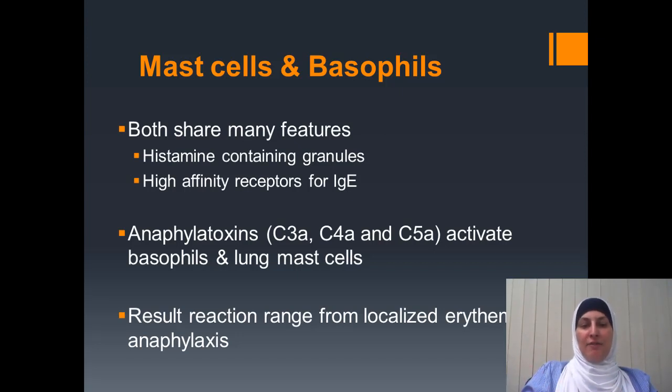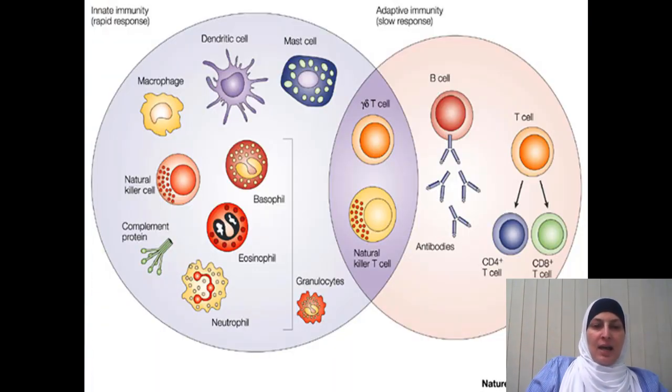This is why we call them anaphylatoxins, because they activate an anaphylactic reaction. So these cells are responsible for the allergic reaction, whether just a mild allergy, just mild erythema, or an anaphylactic reaction. This is mediated by the mast cells and basophils.